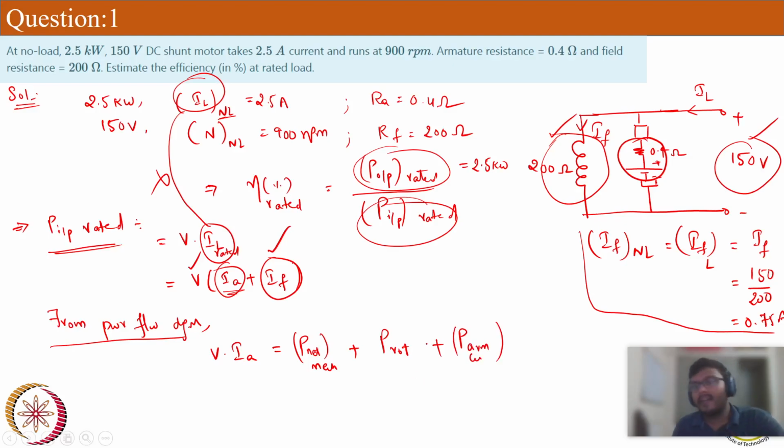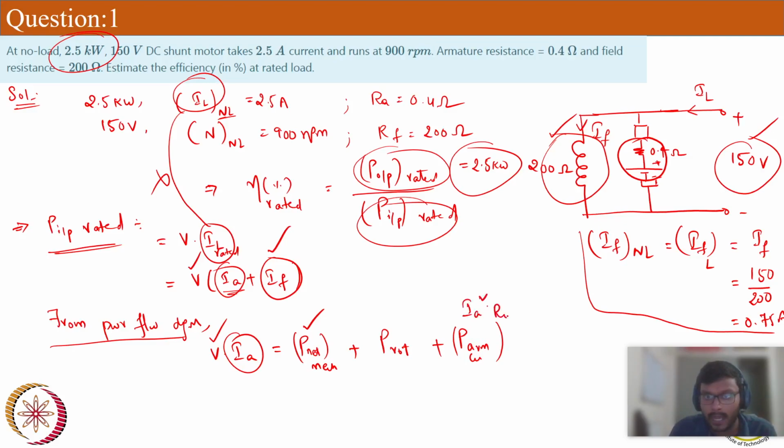Why am I writing this equation? Just to get a relation with respect to IA so that I can calculate IA. Now let's see what we know in this equation and what we don't know. We know V, we have to calculate IA, and we know the net mechanical output, which is 2.5 kilowatt. It's given in the question. Armature copper loss we don't know yet because it's IA square multiplied by RA.